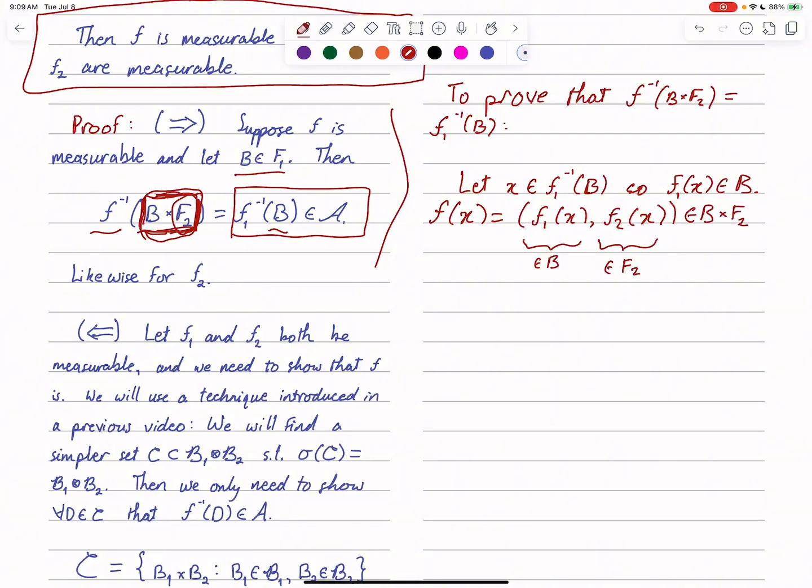This is why the choice of F2 was the right choice. To get exactly this membership that we need for the proof, we want a free pass on this second coordinate. I want to make sure that no matter what this is, it lands in an acceptable place.